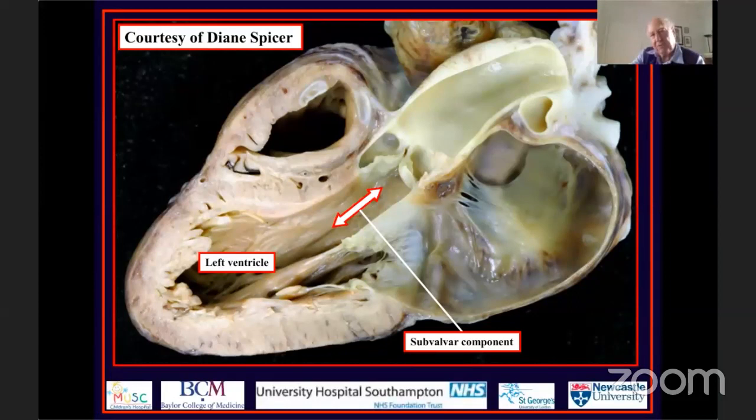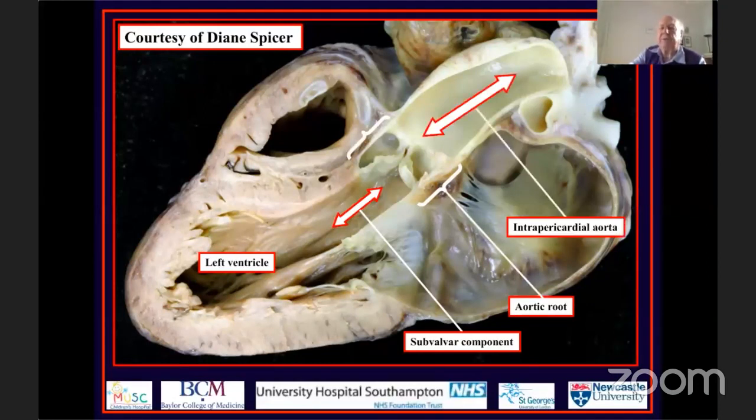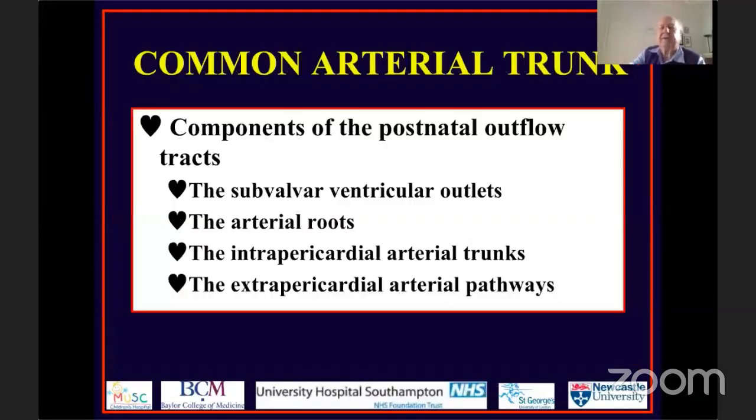But nonetheless, we have a ventricular outlet, and that supports the leaflets of the aortic root. And again, this occupies the middle part of the left ventricular outflow tract. At the sinutubular junction, it gives rise to the intrapericardial component of the ascending aorta.